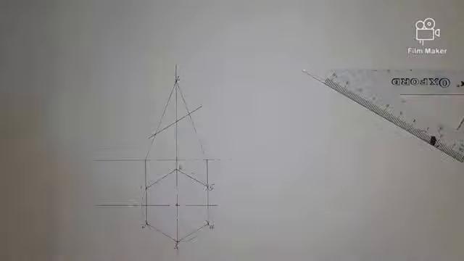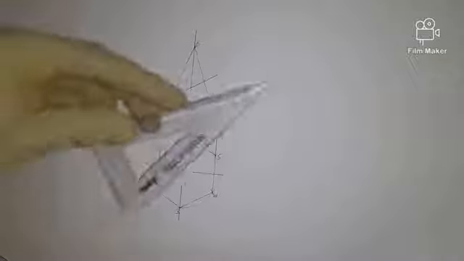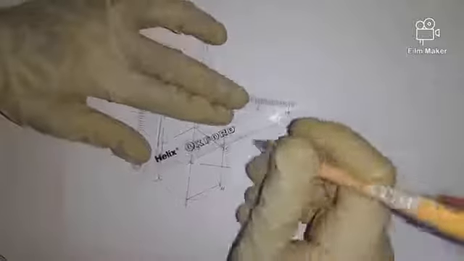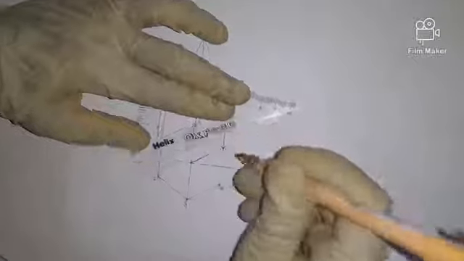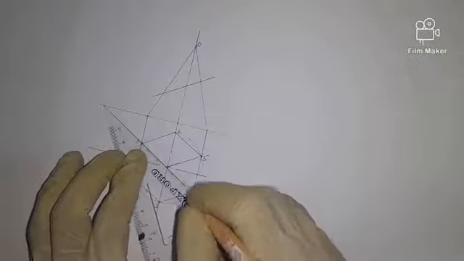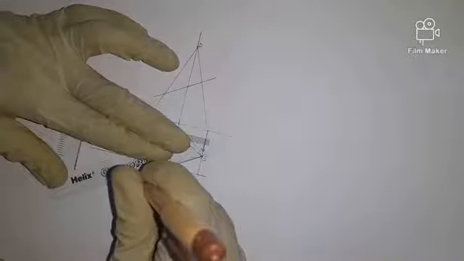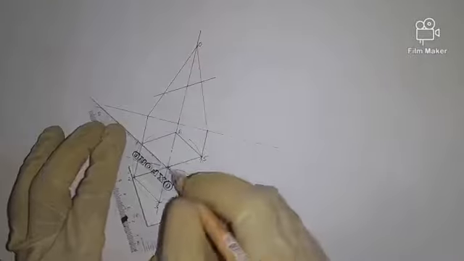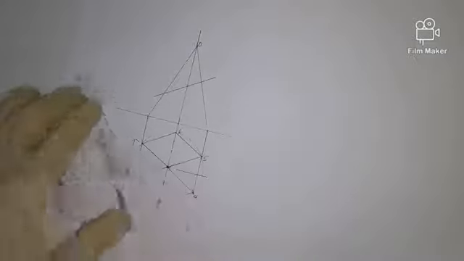Now once we have that, we are going to join the radial lines to the vertex. These are slant heights of our pyramid. As viewed from top, they appear as radial lines from the center point.